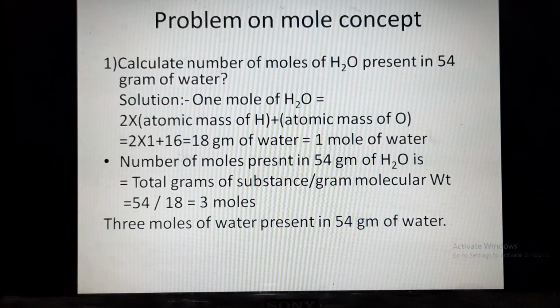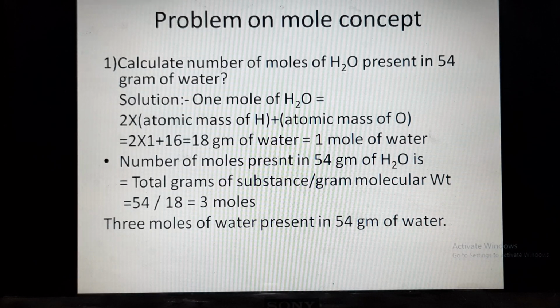So now we solve a problem on the mole concept. Calculate the number of moles of water present in 54 gram of water. So the solution for this problem: first we calculate 1 mole of water. 1 mole of water is calculated by adding the molar masses of the elements present in water.